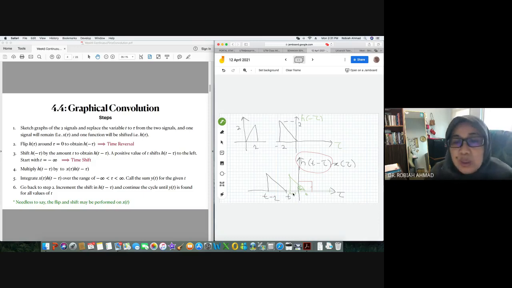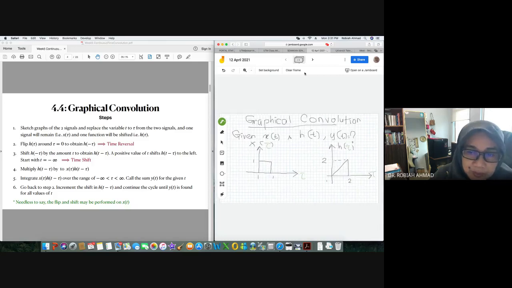Okay, so this is what we're going to do today. We're going to look into how these two signals undergo the convolution process. Basically these are again the steps. With given h(t) and x(t), first step is replace the variable t with tau, and then one of the signals we choose to undergo the time reversal and time shifting.